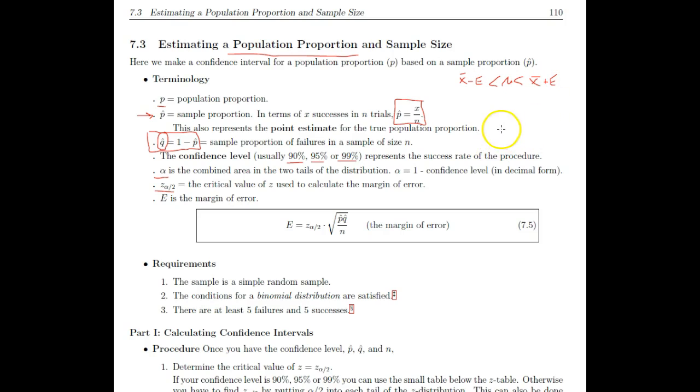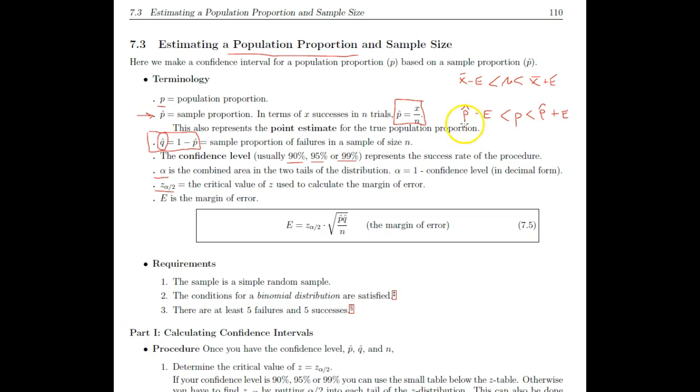Well, we're not working with means anymore, we're working with proportions, so we're trying to estimate P. And what's the best estimator for P? That's P hat. So it's going to be P hat minus some error and P hat plus some error. So you can see the form is very similar to the form of our other one.